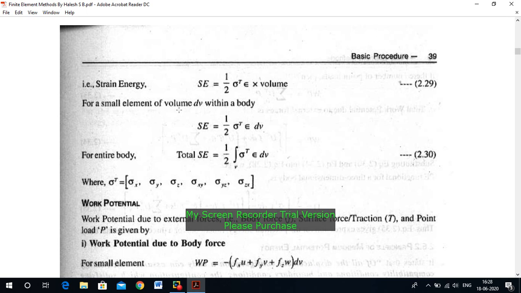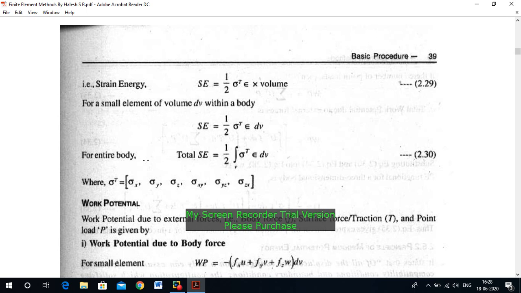For a small element of volume dV within the body, the strain energy of the small element is given by half into sigma into epsilon into dV.